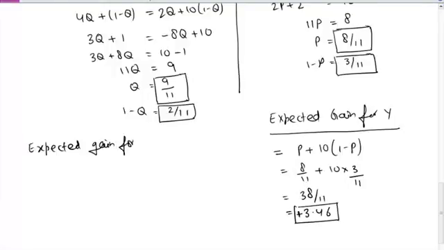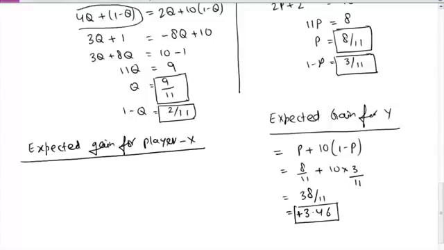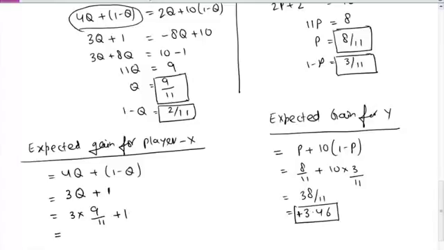The expected gain for player X, again we can choose any equation. Let's choose the first one, like this one here. So this equals 4q plus 1 minus q. So this becomes 3 times, because q is 9 over 11, plus 1. So this will give us 27 over 11 plus 1.